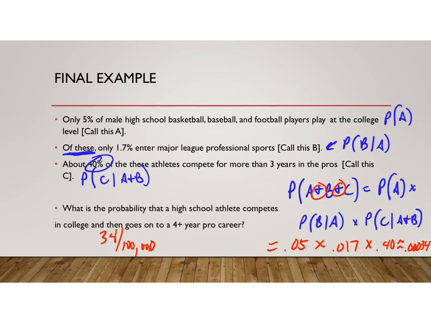Of course, this does not include people who don't play at the college level, since it's all that. For those who want to nitpick on the example, thanks a lot. But this would then equal the probability of A and B and C, which was the original question. So again, these are just more conditional probabilities. We'll leave it at that for now and follow up with another lesson on tree diagrams.